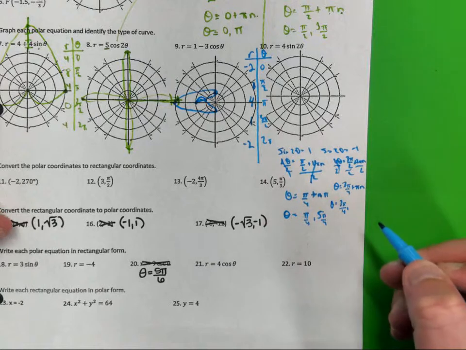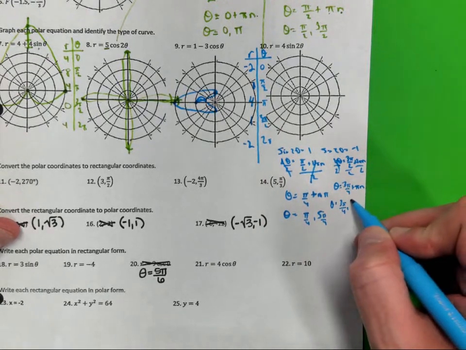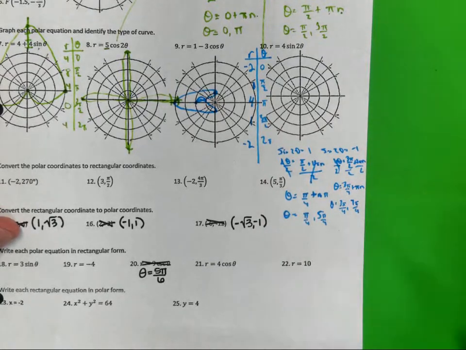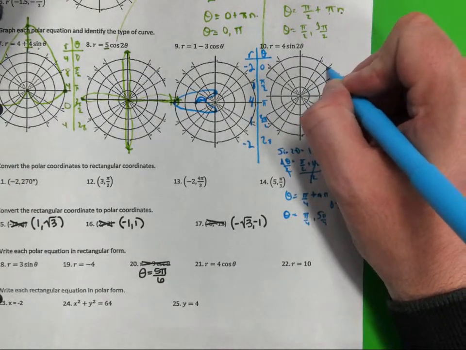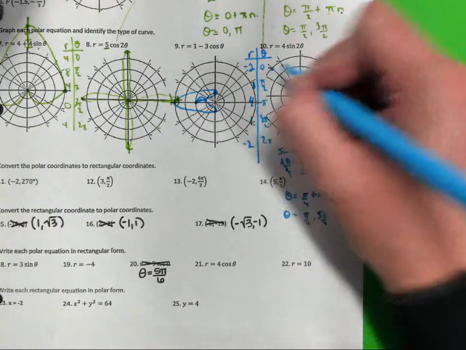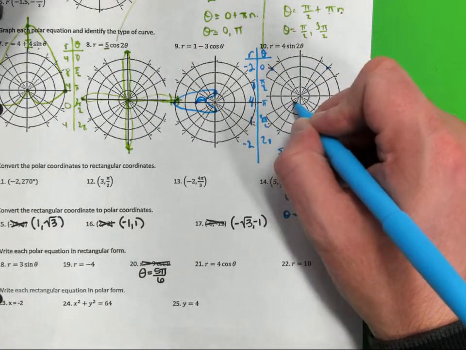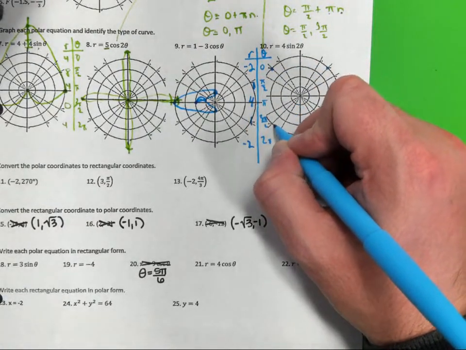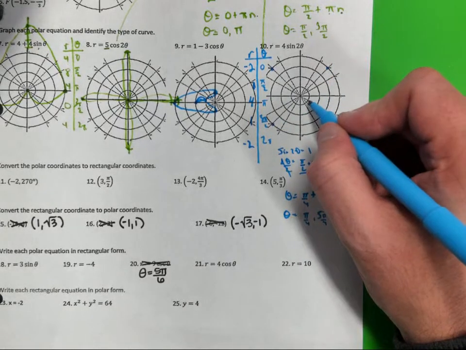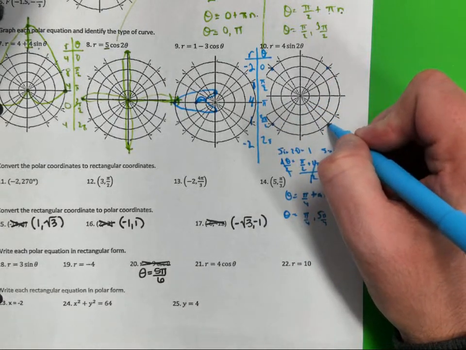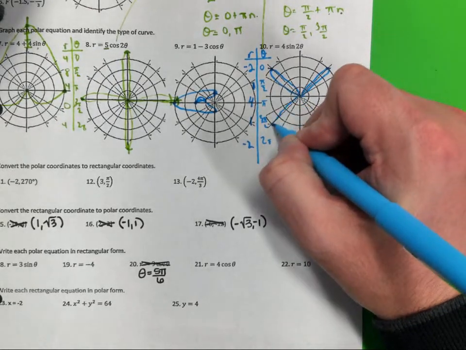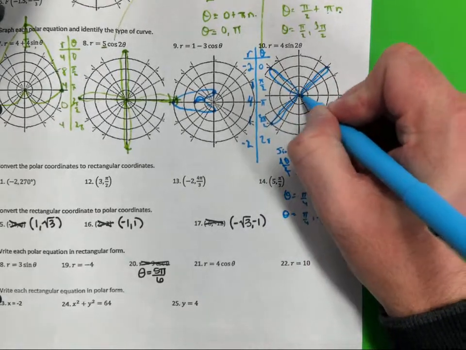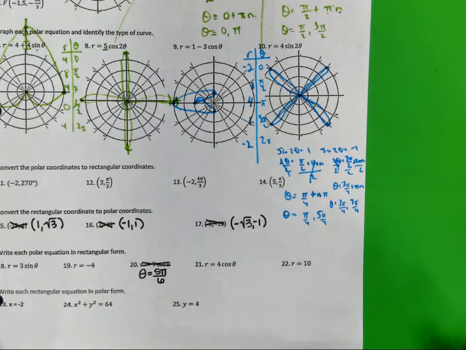So 3 pi over 4 and 7 pi over 4 will be my 4. And that's your answer.